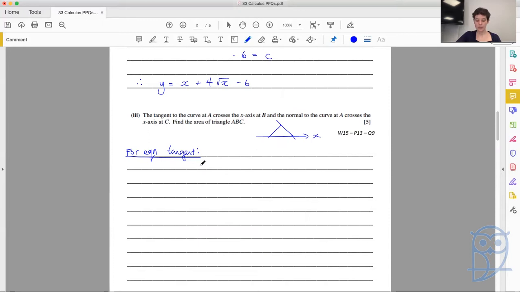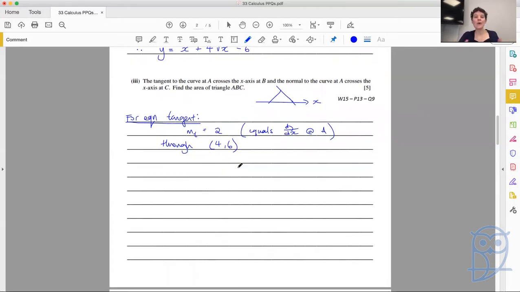So we know that mt equals dy by dx at A, which equals 2. And we're going through the point (4, 6). Again, we've worked with quite a lot of information, so we want to slow down a little and make sure that we build these lines correctly, because the whole rest of this question is going to depend on these lines we build.